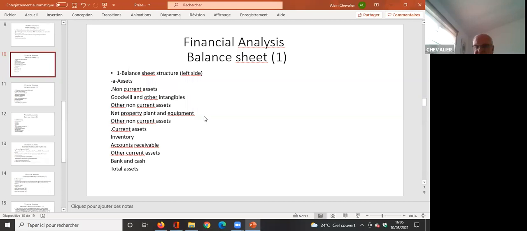You will see that the percentage of inventory in the total of the balance sheet is very high. Because at the moment they are in the process of building a few more buildings, or more apartments, and these elements which are not sold are in the balance sheet.